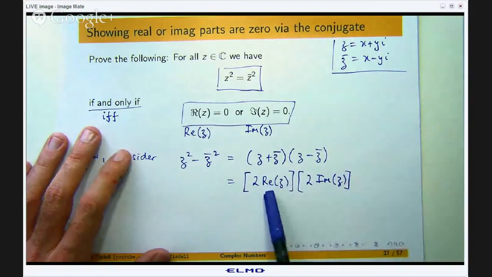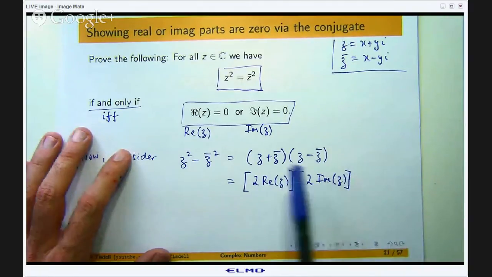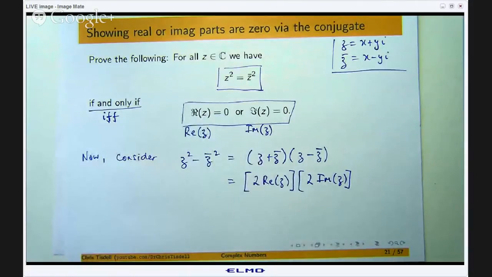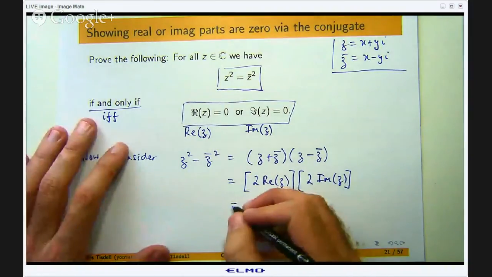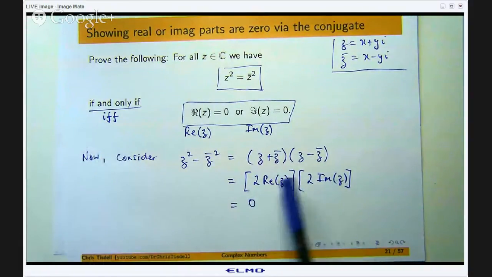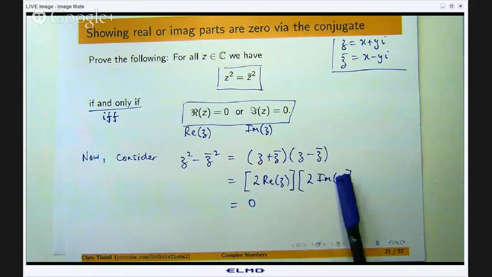When I'm actually handwriting, I do like to use Re and Im. If I'm typing something up, though, I just use these symbols. Now, this is 0. This product is 0 if and only if one of these things, or perhaps both of them, are 0.